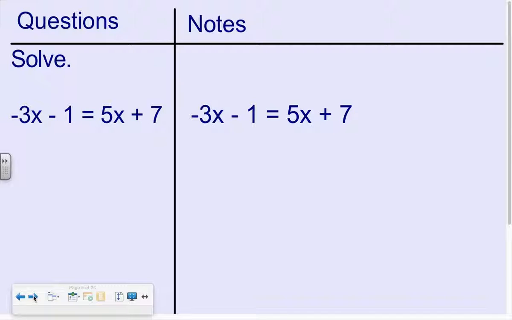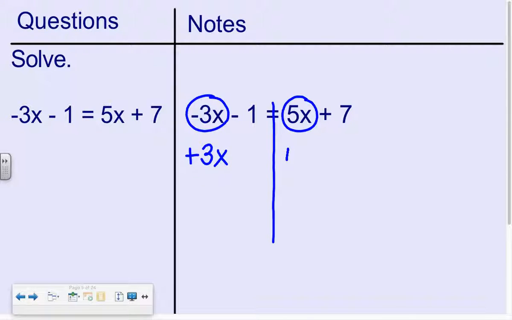All right. So negative 3x. So this time when I want to get my variable on the same side, since my 3 is negative, I'd have to add 3x to both sides, or I can subtract 5x from both sides. If I want to keep things positive, the one that'll keep things positive is adding 3x to both sides. Negative 3 and 3 make 0. 5 and 3 make 8.